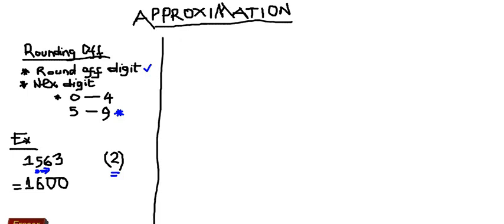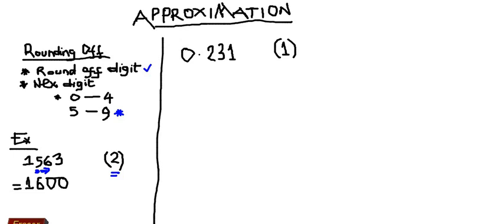As another example, if we want to round off to 1 significant figure, let's say we round off this 0.231 to 1 significant figure.